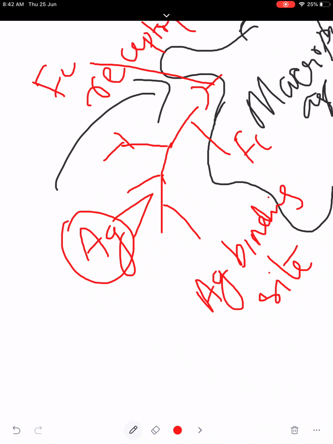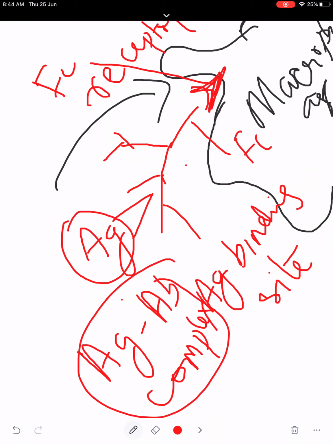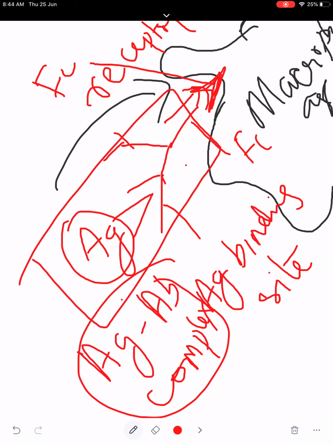So when antigen is present in the body, it will bind with antibody, forming an antigen antibody complex. Once such a complex is formed, that will bind to the Fc receptor seen on the macrophage.